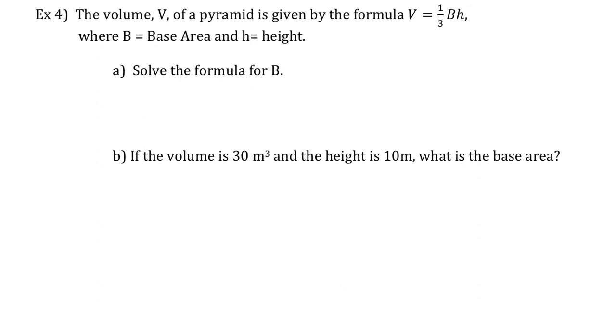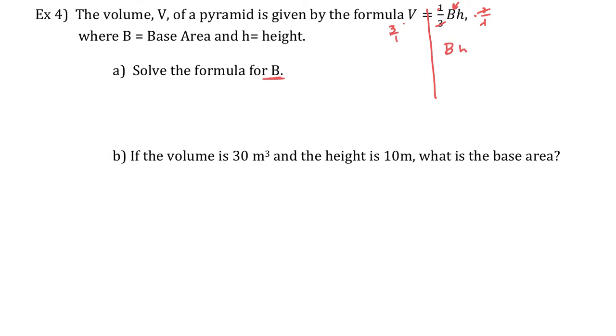All right, first thing they want us to do is solve the formula for B. So if we, again, draw the two sides here, B is on the right side. So we have to get rid of the 1/3 and the H. So we're going to multiply by 3/1 to get rid of the 1/3. And then 3's cancel and the 1's cancel, and we get BH.